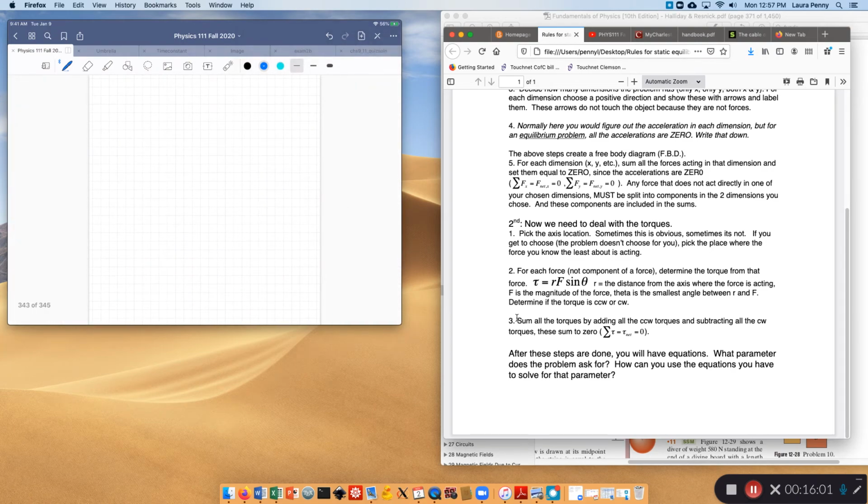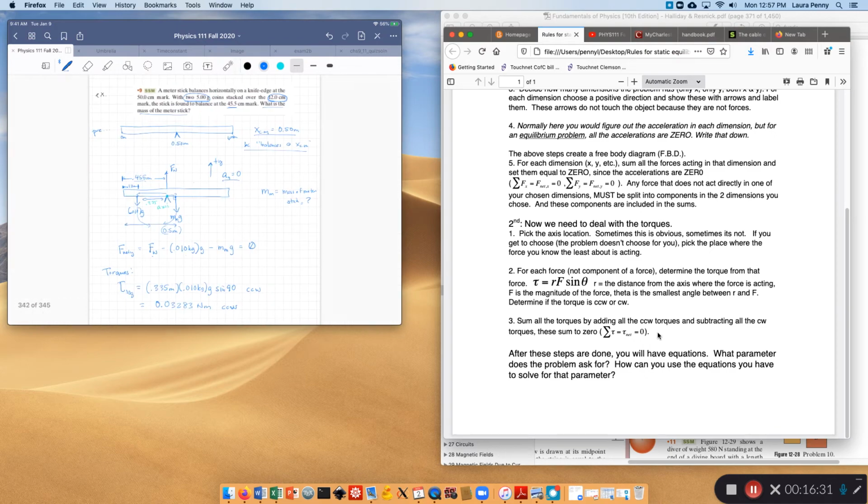Step 4, sum all the torques by adding all the counterclockwise torques and subtracting all the clockwise torques. So now I say, all right, torque net, I'm going to take my counterclockwise torque and I'm going to subtract my clockwise torque, and then these sum up to 0. Net torque is equal to 0.